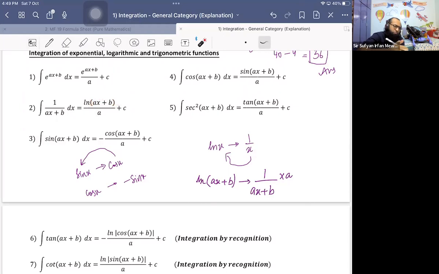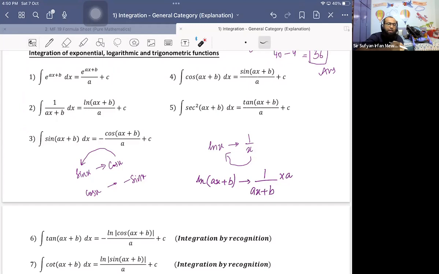I was saying that sine of an angle when integrated will give us negative cos angle, and then the differentiation of the function within the bracket will be divided, but the angle will always be a linear function. In differentiation, the differentiation of the angle was being multiplied. Over here, the differentiation of the angle is being divided. Over there in differentiation, the angle could be a linear or a non-linear function.